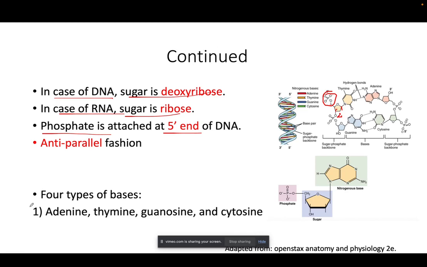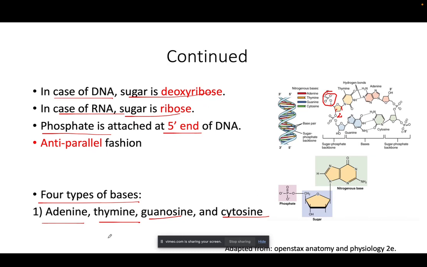Okay, and as I said, there are four different types of bases present, and we have adenine, thymine, guanine. It's actually guanine, not guanosine, and cytosine. So in case of RNA, there is an absence of the base thymine. Instead of thymine, there is a uracil present. So in case of RNA, adenine is base pairing with uracil, and guanine is base pairing with cytosine.